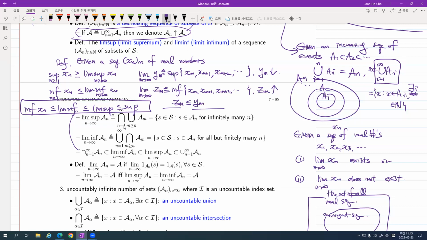Lim sup. It's a shame that I forgot this. And I'm not sure about the definition. Okay. Lim sup of a sequence. Yeah, it seems I'm correct.